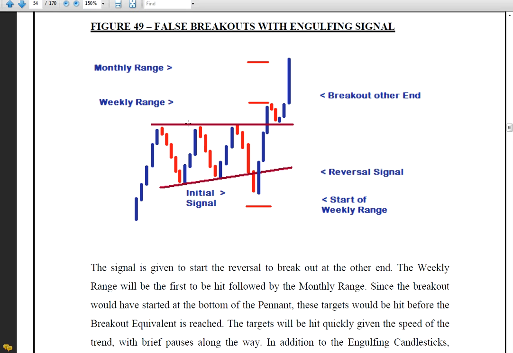Now, taking a closer look at the theory behind these false consolidation breakout reversals, these are sometimes the traps that many traders fall into, where the market will give us a signal at one end indicating that the market is going to be starting a breakout. But if the signal that is given here is too weak, then the market has a very low chance of moving in that direction, and there's a much higher chance that the market will reverse and head back inside of the consolidation.